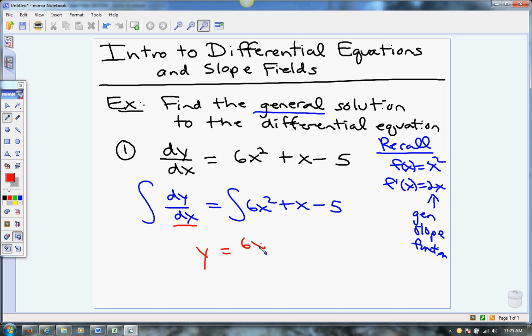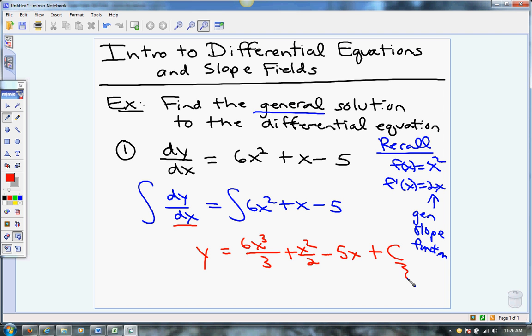It's going to be 6x cubed over 3 plus x squared over 2 minus 5x. Here's the important thing. I told you this would become more important later: plus c, because this is an indefinite integral. And in differential equations, this c becomes pretty important, as we'll see later on.